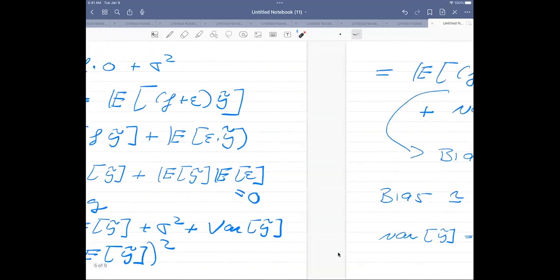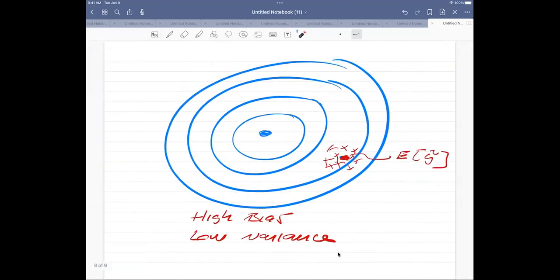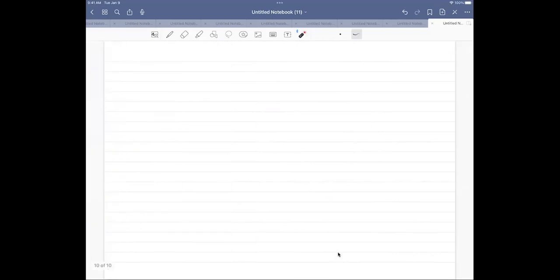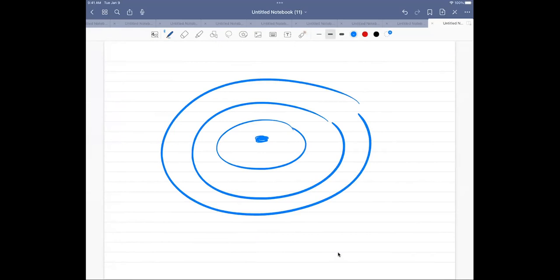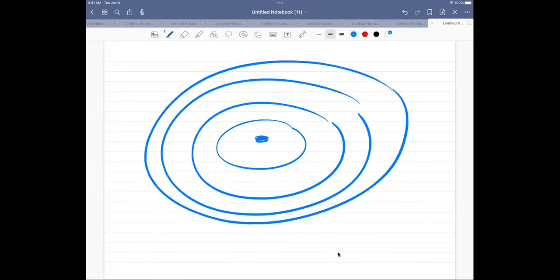And then the final case, which is actually the holy grail, what we want to have, and you can guess what that is. That would be an almost perfect fit. So we would have the ideal point here, and then we have these different circles again and again. And then we would have the mean value of the model here.